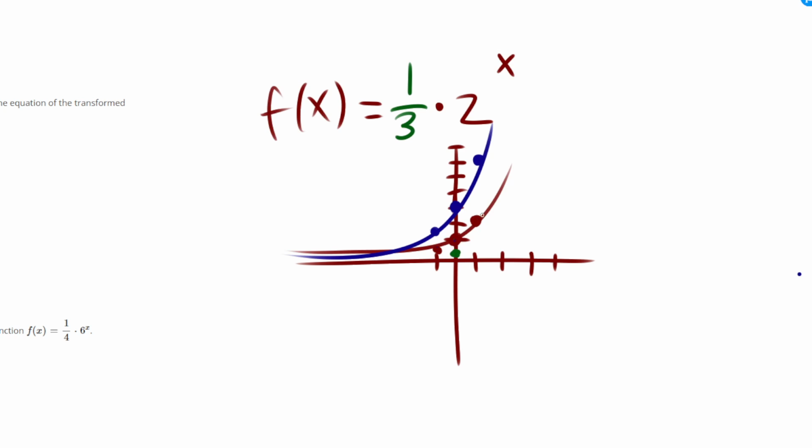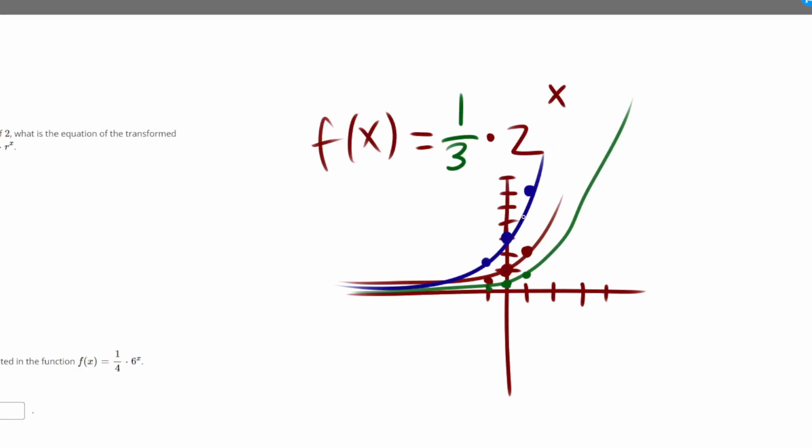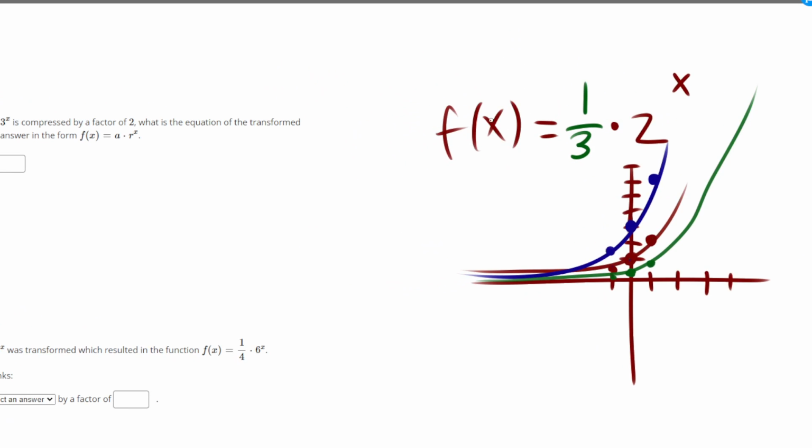This will turn into 2/3, which is a little less than 1, and this will turn into 1/2 times 1/3, even smaller, even itty bittier, and it will compress it basically, right? And that's our main transformations that we'll go over in this video.